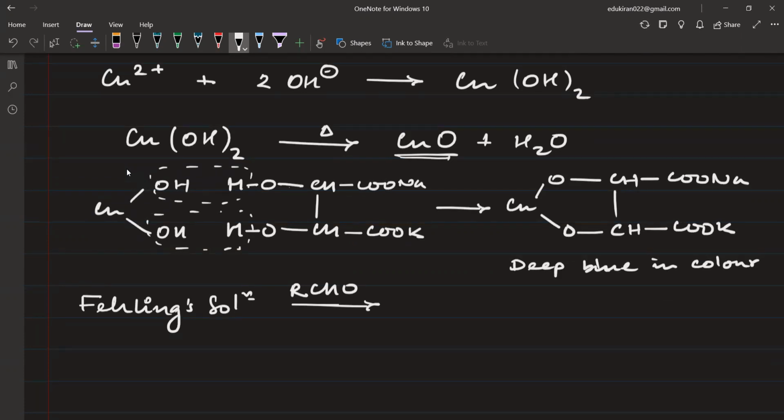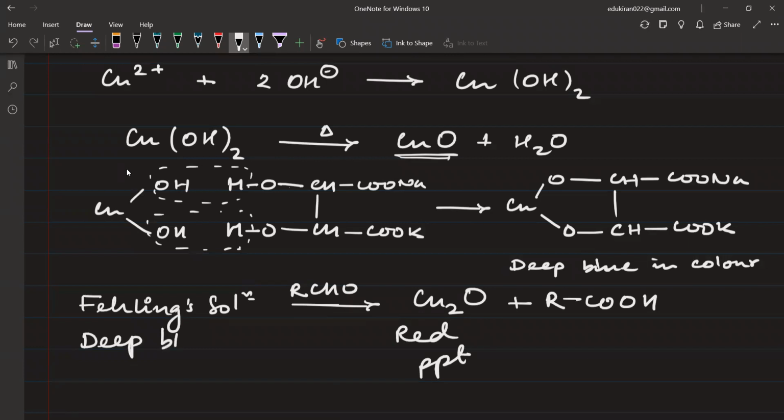Now, when it reacts with aldehyde, we get Cu2O, a red PPT because the oxidation state of copper has changed, plus RCOOH. So this is deep blue in color, and this is forming red PPT. This is going to give you the positive test for aldehydes.